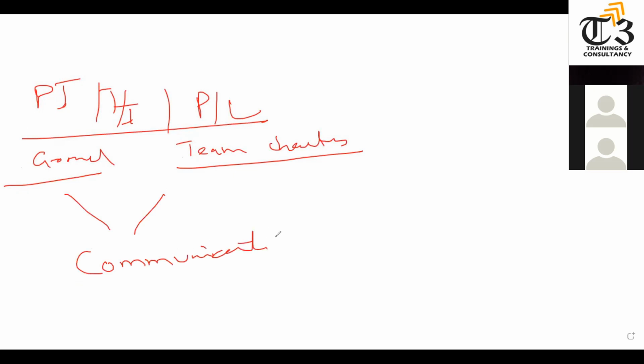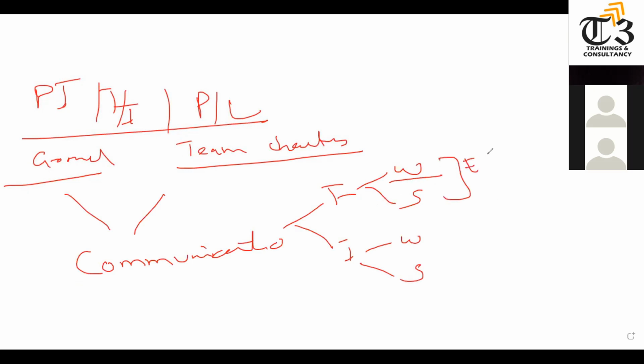In communications, we said there are 2 types of things, formal and informal, and both of them written and spoken. Formal written will only be used when you are communicating with external stakeholders or there is a complex problem. Internal is between your team members and between your organizations.